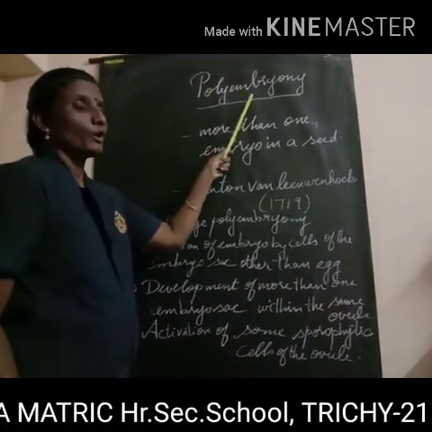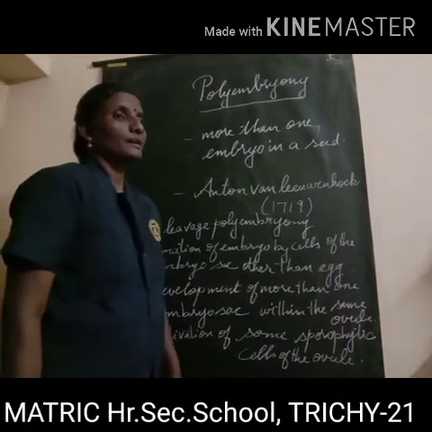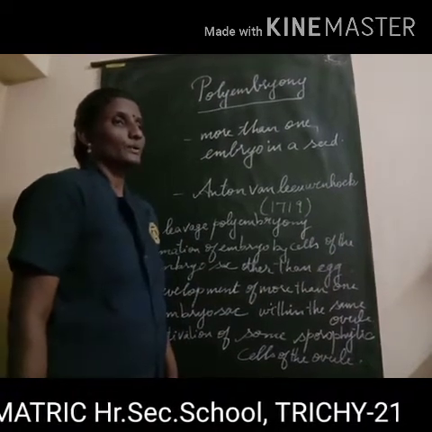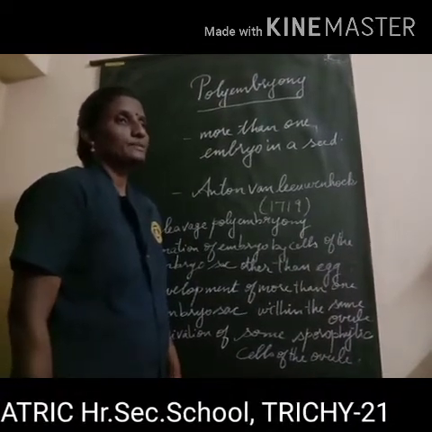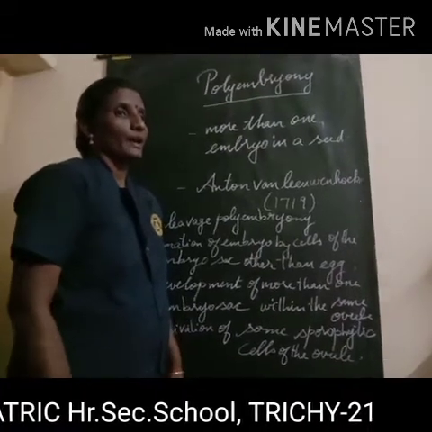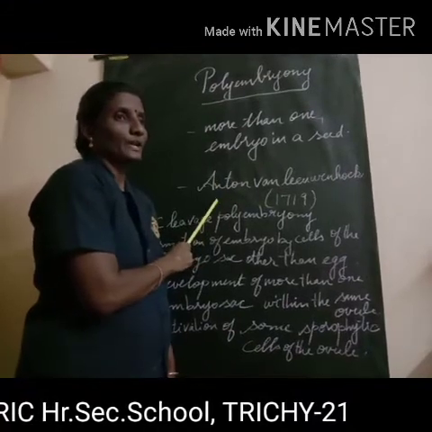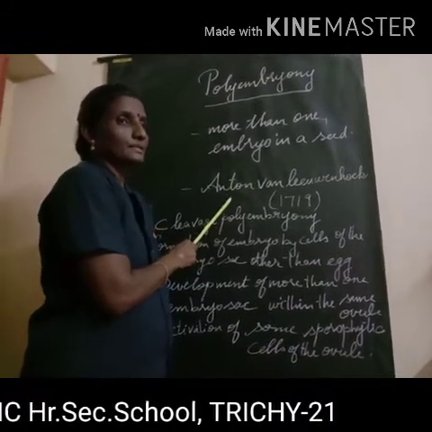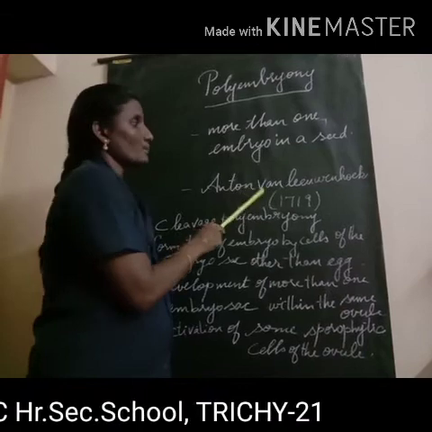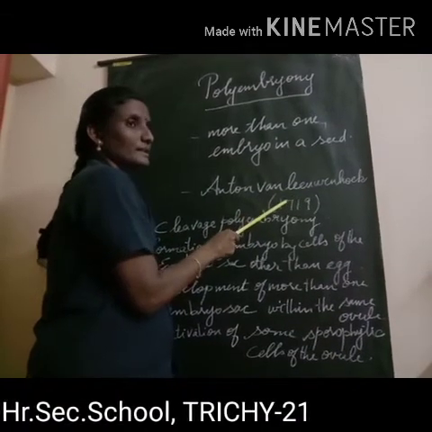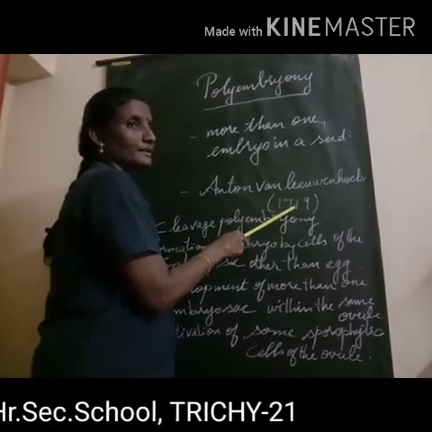Polyembryony. Polyembryony means the occurrence of more than one embryo in a seed. This polyembryony was first observed in an orange fruit, and it was discovered by Anton von Leeuwenhoek in the year 1719.